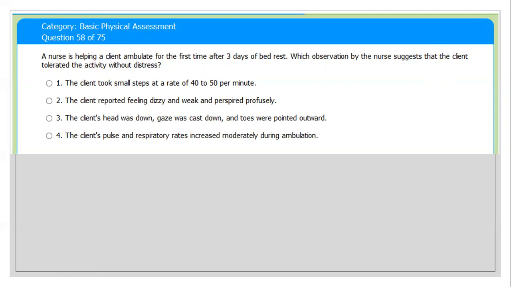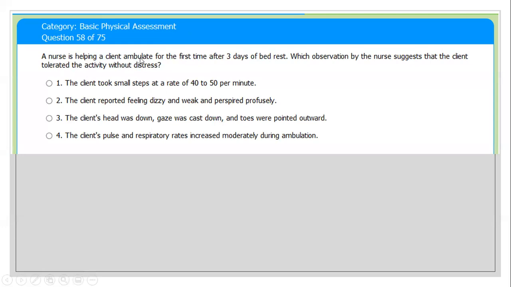So the examiner is asking the question about ambulating the patient for the first time after 3 days of bed rest.